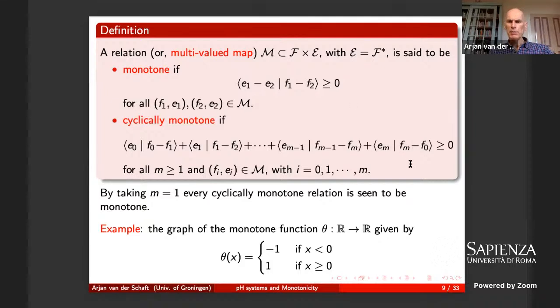Now, a simple example of a monotone relation, and in fact also cyclically monotone in this case, is this relay characteristic: -1 for x less than 0 and +1 for x greater or equal than 0.